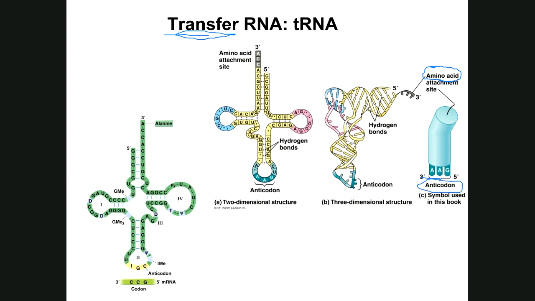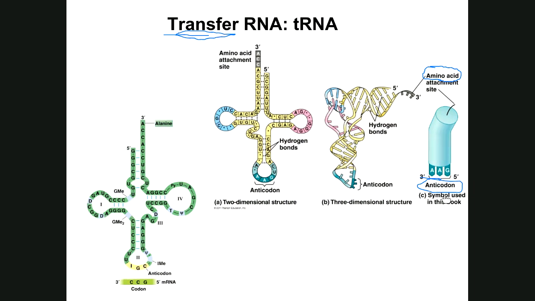On one end of a tRNA, you will have one of the 20 amino acids attached. On the opposite end of the tRNA, you will find a base triplet. This base triplet is called an anticodon. So anticodons are base triplets that are found on tRNA.